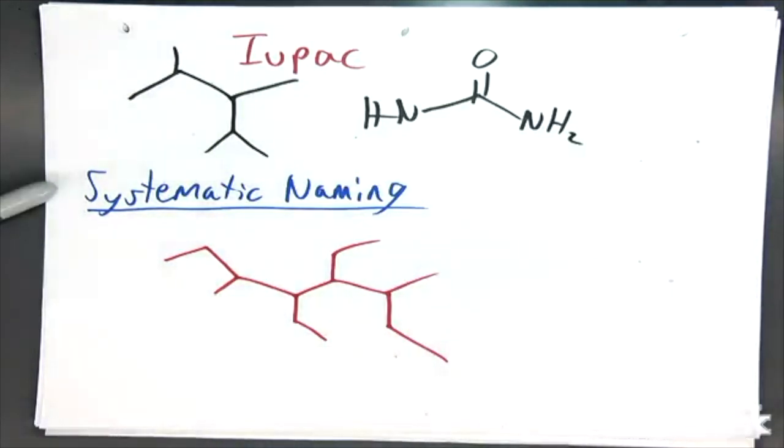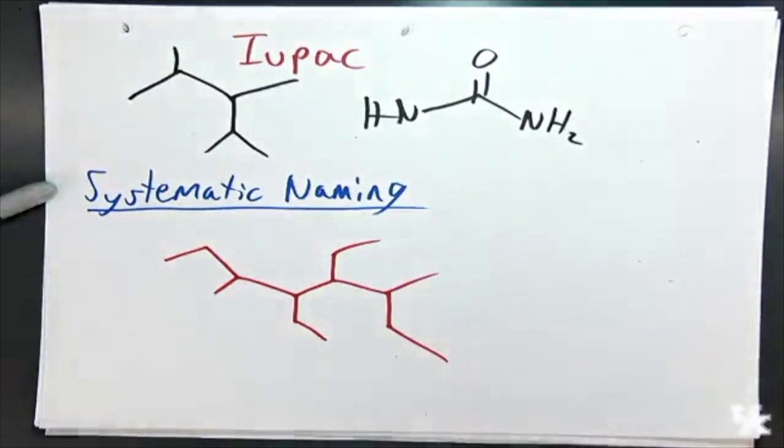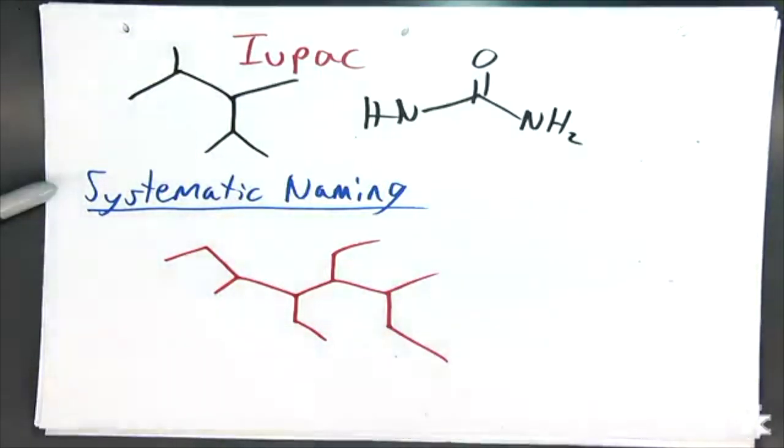And luckily, because it is a systematic naming system, a systematic way to name chemicals, there are just a couple rules we can follow, and as long as we do that, then you should be able to name them every time, easy peasy. So the first thing you do, hopefully if you've read your book, you already know exactly what you do, is you find the longest uninterrupted chain of carbons.